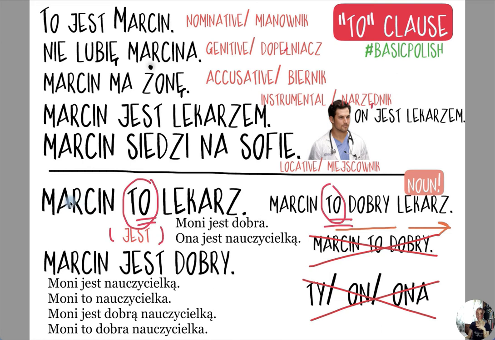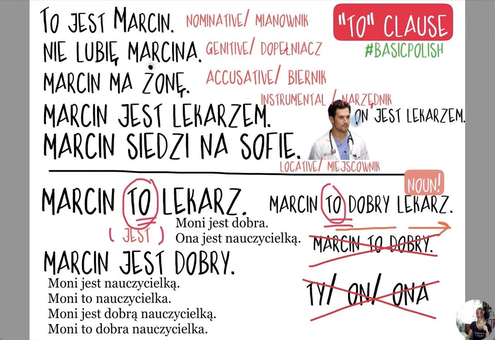You cannot do it when it comes to the to clause. So you can clearly see that it's not that easy, right? So if you use on, as you can see here, you are back to doing instrumental. You cannot use on to, right? There's no such thing in Polish. On jest. So if you use the personal pronoun, then straight away you are back to instrumental.